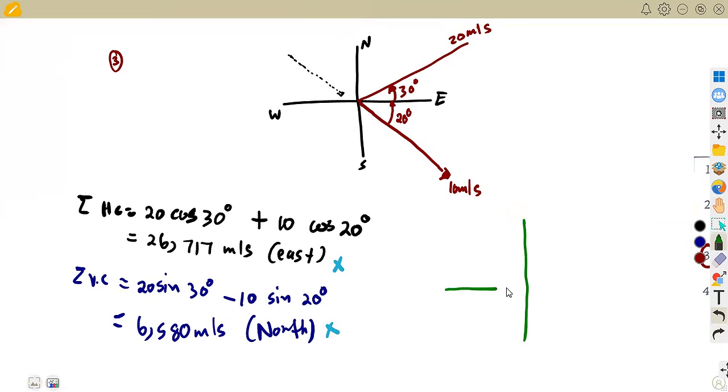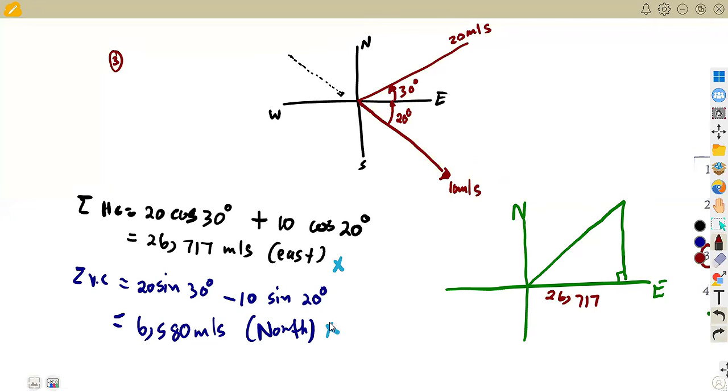And we know that from our trigonometry, the triangle in the first quadrant is presented this way. Remember, guys, you take that from your trigonometry as it is. So it's going to be like this. But this is our east, this is our north. So the horizontal, the east, is 26.717 meters per second.